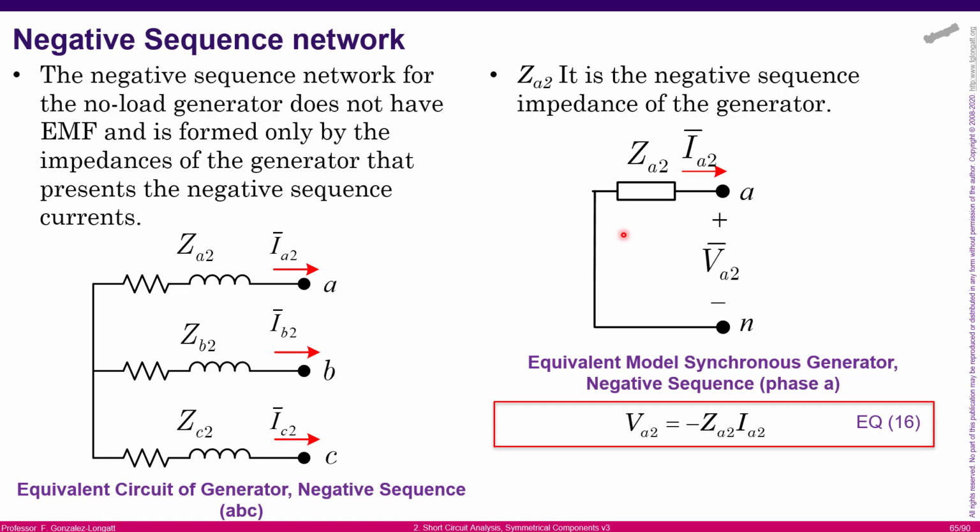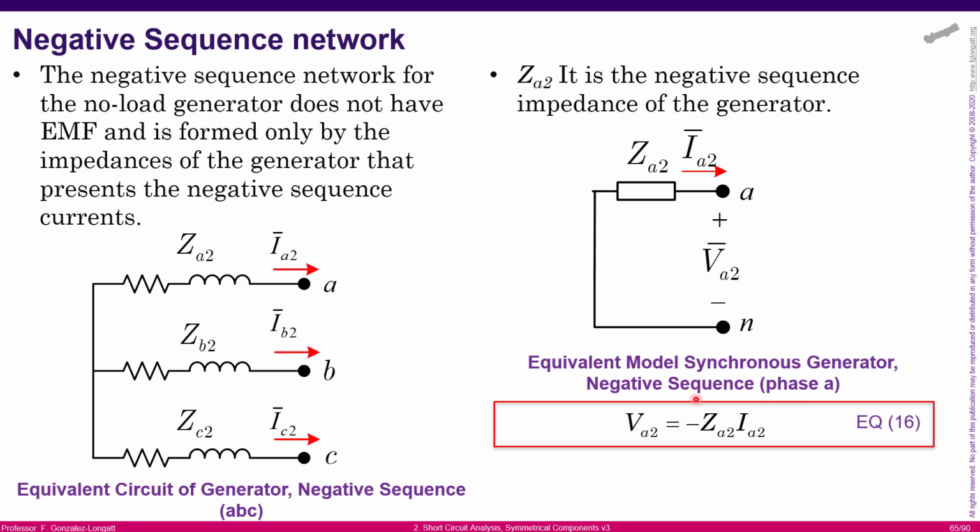In this case, the model is just the negative sequence impedance, and that represents the terminal conditions between line to neutral, defining the negative sequence voltage that is caused when the negative sequence current is moving through the negative impedance. Here you can see the relationship between voltage and current.